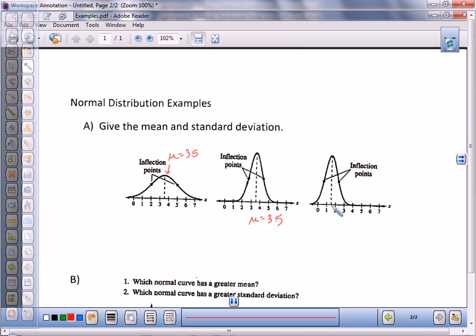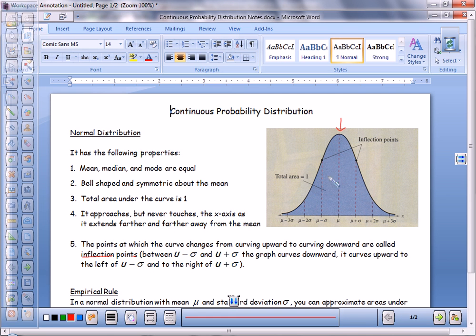But this one, the highest point here, occurs at about 1.5. So we can find our mean by looking at those highest points. Now, if we go back and look at this, it says our inflection points give us plus or minus 1 standard deviation away. So the distance between here and here would represent 1 standard deviation.